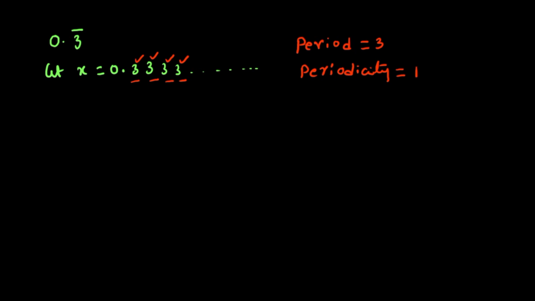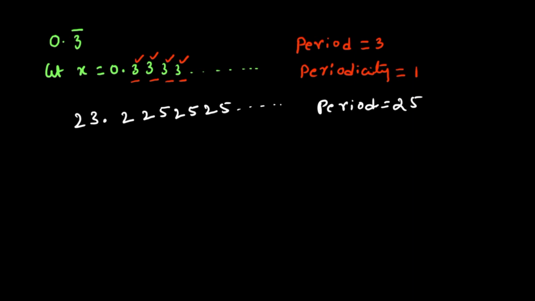For your understanding, I am going to take another example, that is 23.1225, and so on. Do you know what is the period in this? Yes, here the period is 25, because this 25 only is repeating continuously.